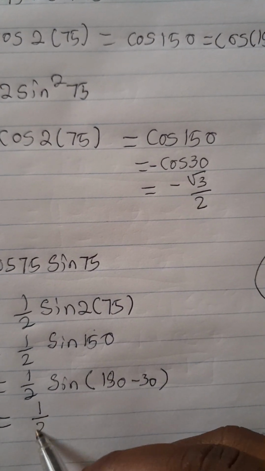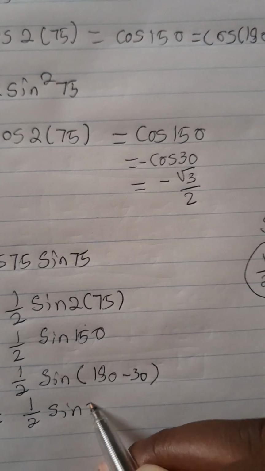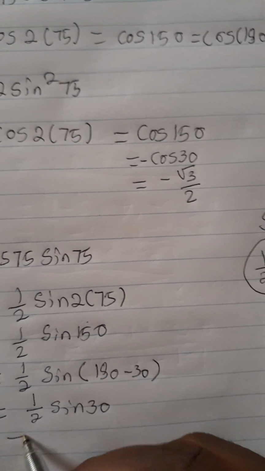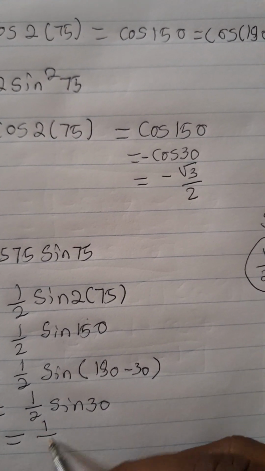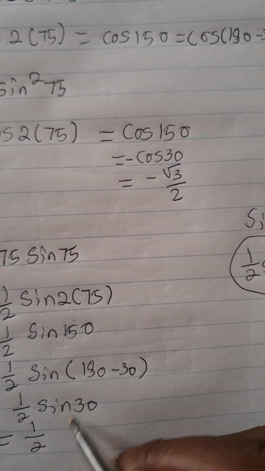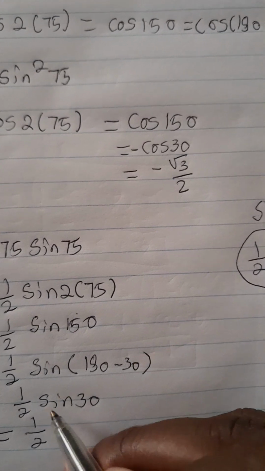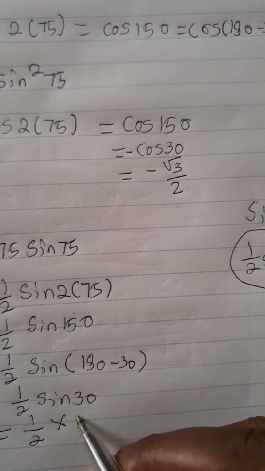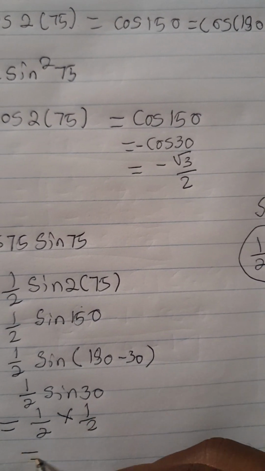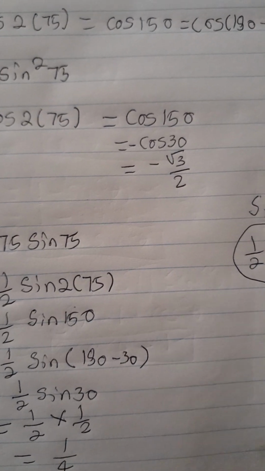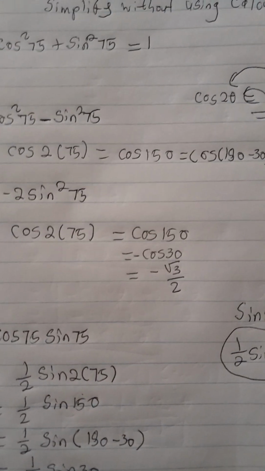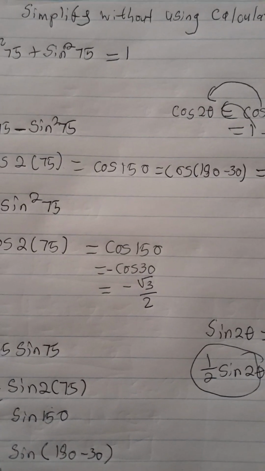So we're going to have half sine 30. Sine 30 is a special angle, so we already know it gives us half. So it's going to be 1 over 2 times 1 over 2, which will give us 1 over 4. So this is how you can apply a double angle.